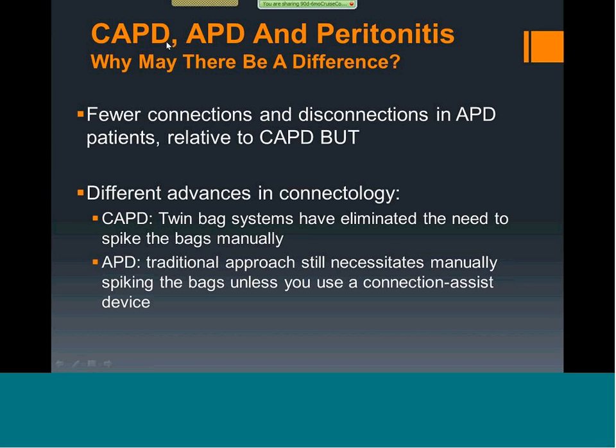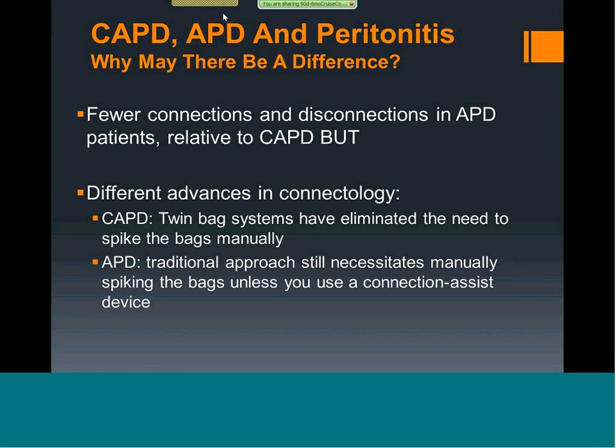So, about CAPD, APD, and peritonitis, I just want to speak to this issue one more time. It is true that a patient who does cycler makes fewer connections and disconnections compared to a patient who does CAPD.